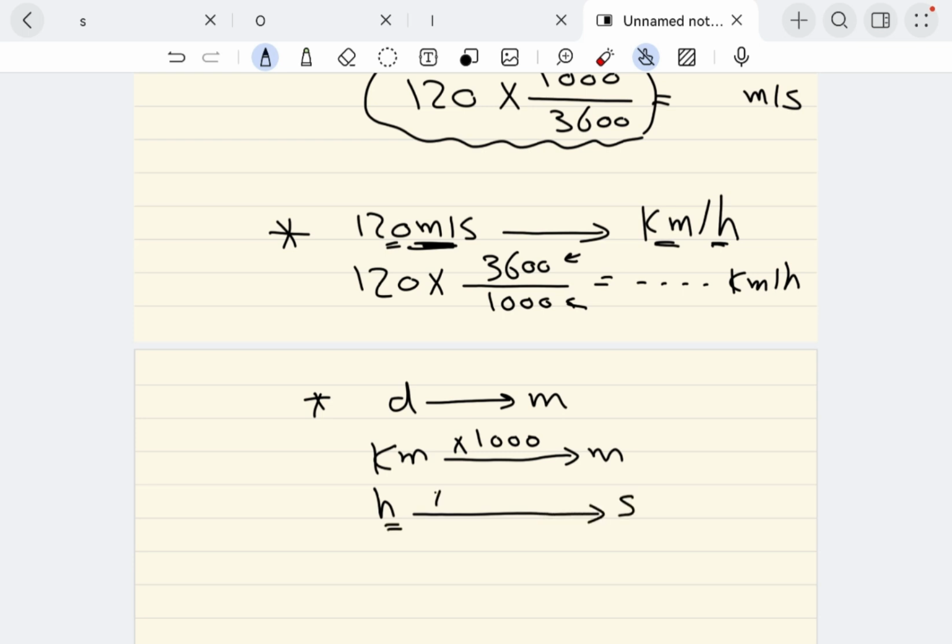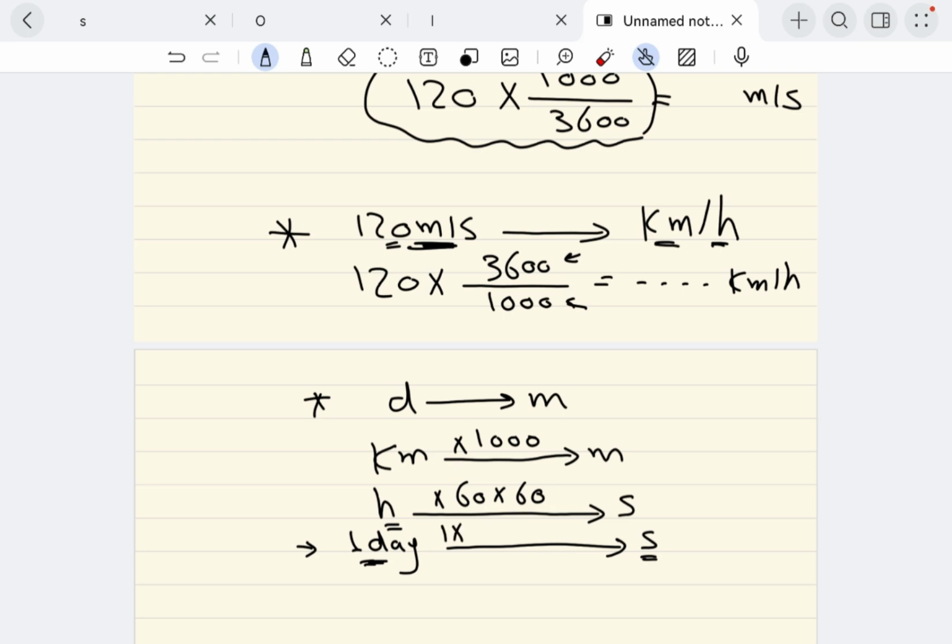If they give you hours and ask you to convert it into seconds, to convert from hour to second, you have to multiply by 60 times 60. If they ask you, for example, to convert 1 day into seconds, how can I convert 1 day into seconds? You have to ask yourself first, how many hours does a day have? I think 24 hours.